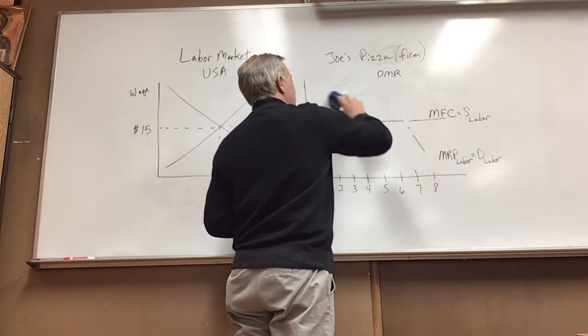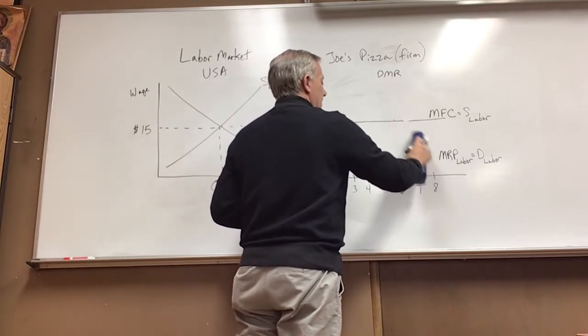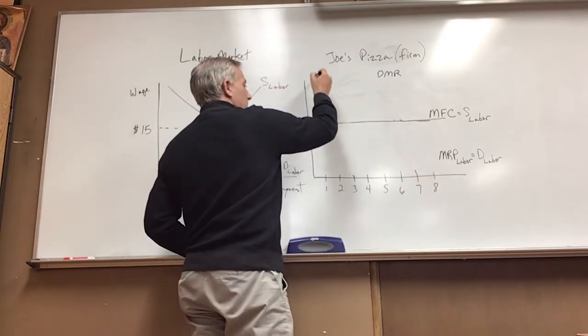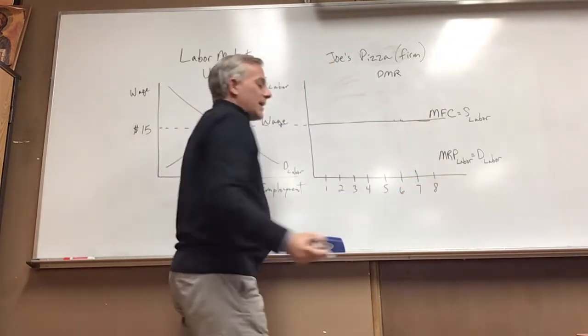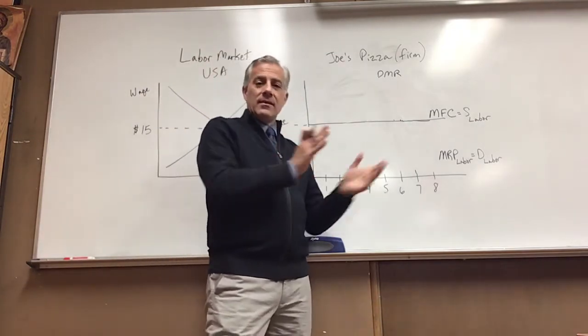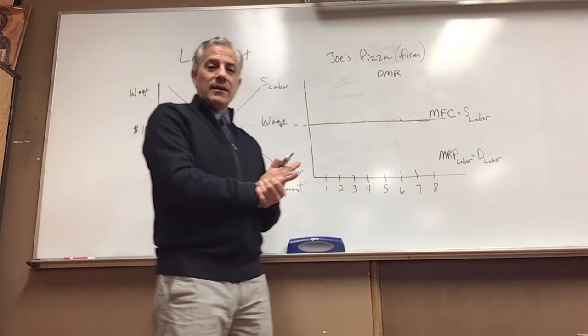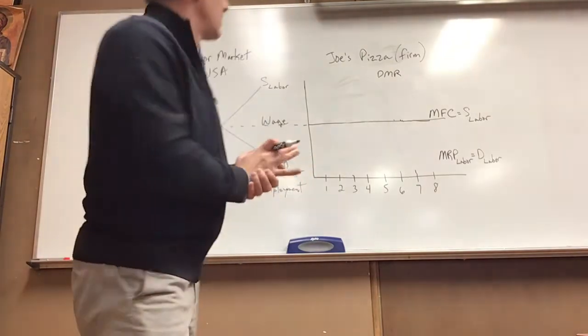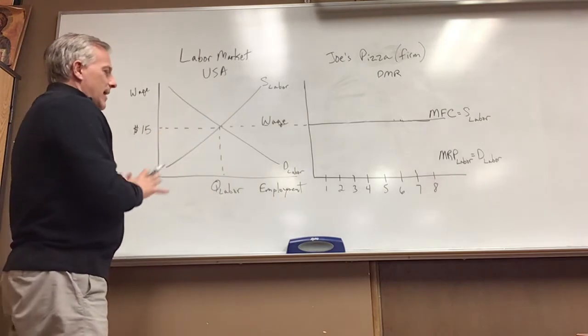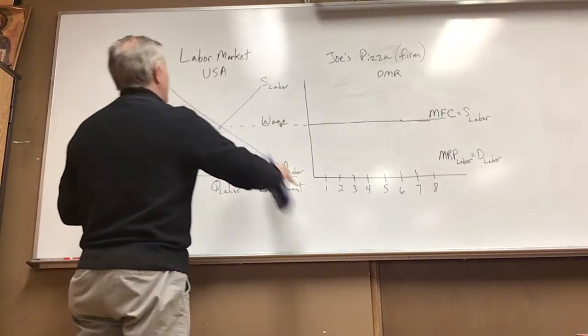You might have on the AP exam a marginal revenue product that just goes straight down diagonal, okay, especially if it's capital market, which we're gonna talk about in just a second, okay?